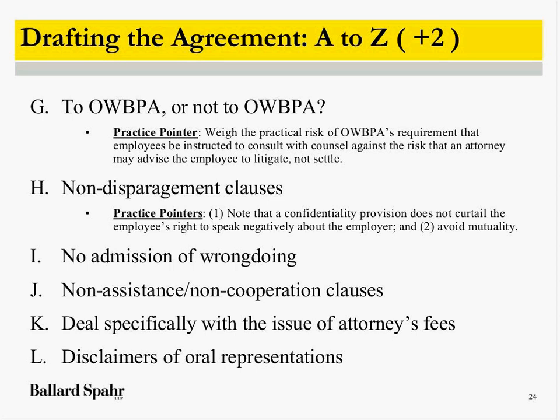Specifically deal with the issue of attorney's fees. Remember that a settlement involving a payment of consideration to a plaintiff or an employee renders that person in litigation a prevailing party, which automatically triggers the statutory right to attorney's fees.